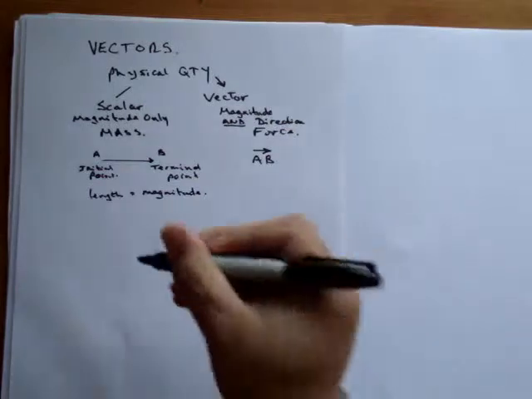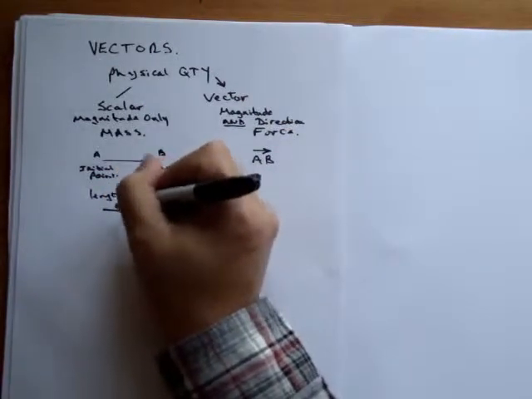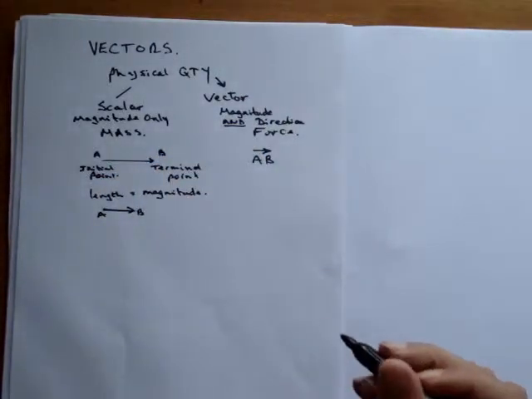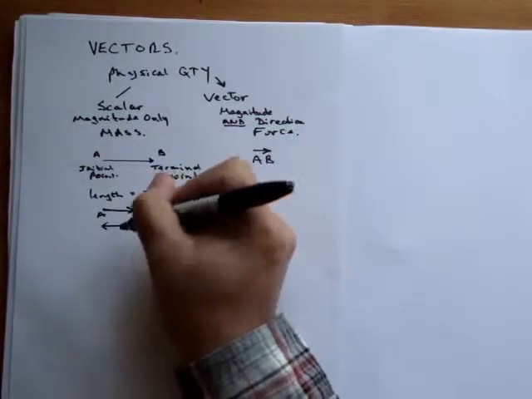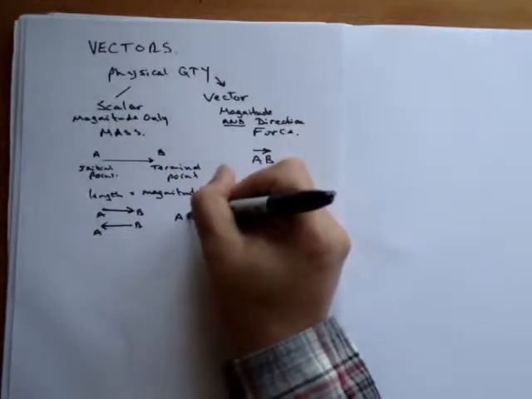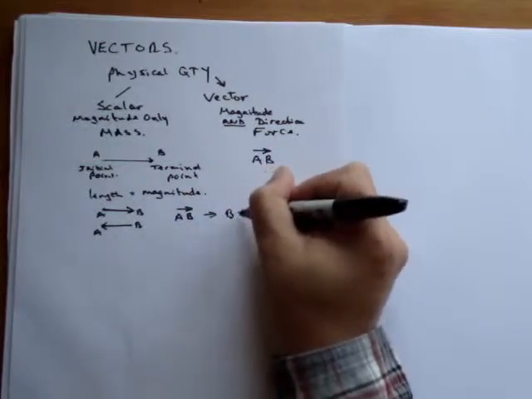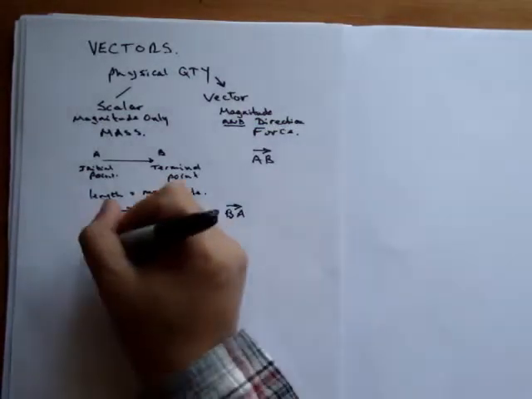And when we're discussing vectors, if we have that vector AB and we reverse the direction to BA, then AB equals negative BA.